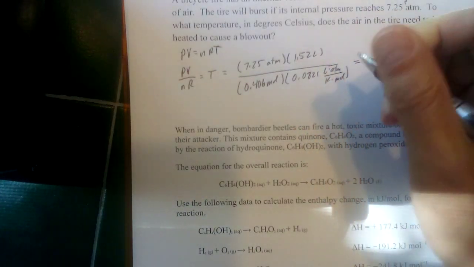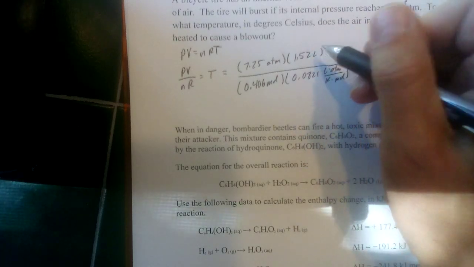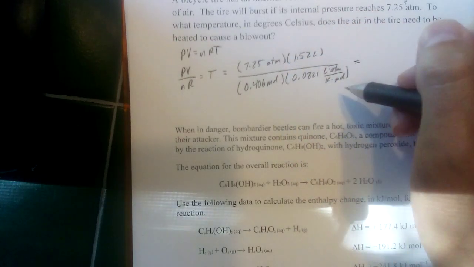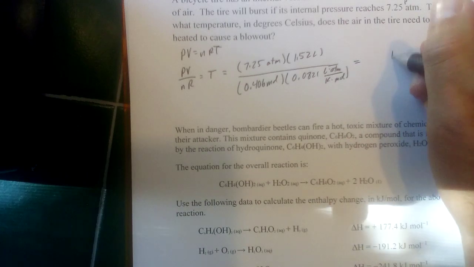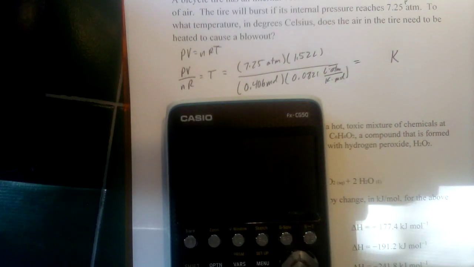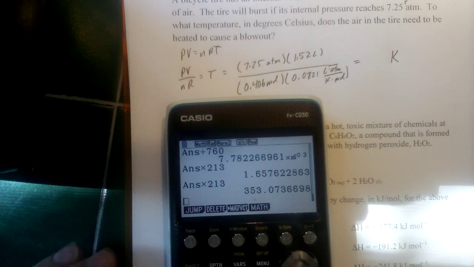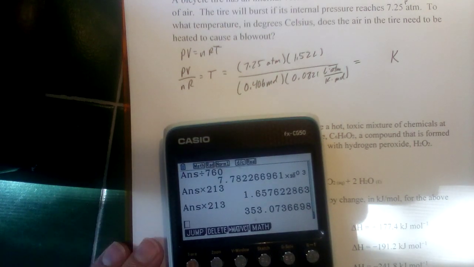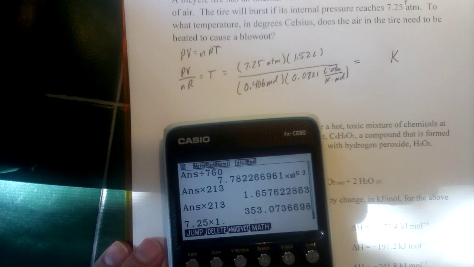Everything's going to cancel out except the Kelvins: liters cancel, atmospheres cancel, moles cancel, and the Kelvins end up back on top. So this would be the Kelvin temperature that we would need to get the tire to. Now that means we'll have to change it to Celsius since that's what the problem asks for, but we've got to get it in Kelvin first.